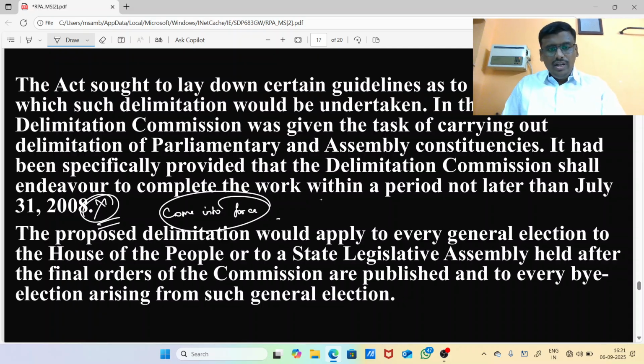So the proposed delimitation would apply to every general election. If it had come into force, every election, whether general election, by-election or state election, should be in this manner only.